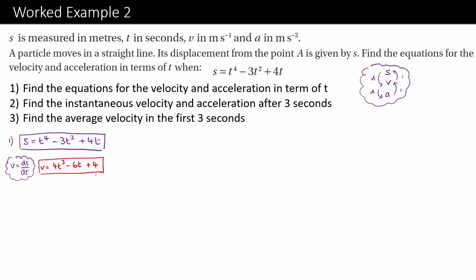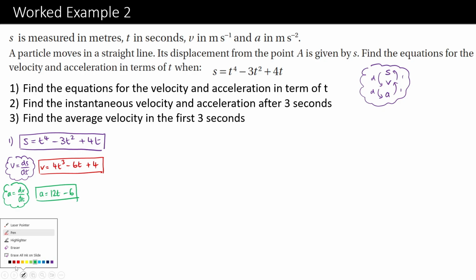I'll put a little box around that. And then to work out a, a equals dv over dt. So to work out a, I differentiate what that red box is. That's going to be 12t minus 6. And there is my answer for part 1.